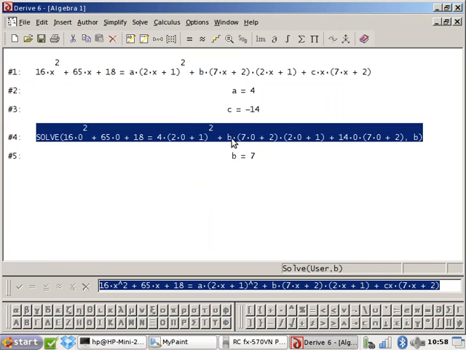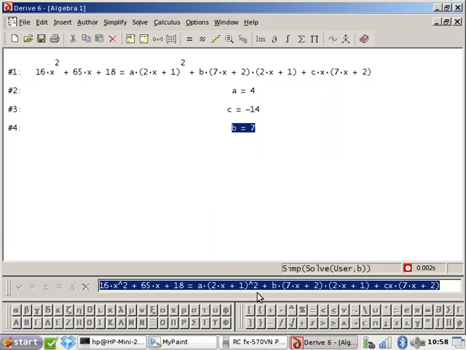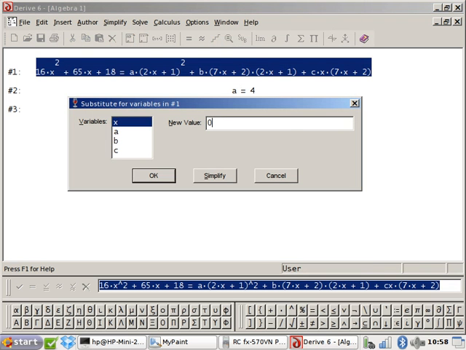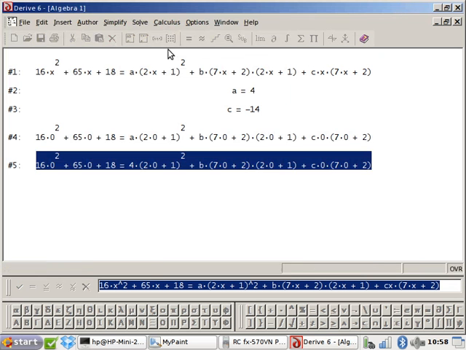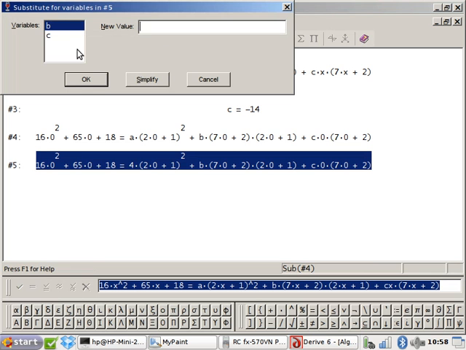Is that what I had on my answer at the back? What did I have for A on the back, please? Oh, thank you. Maybe that's what happened last time. Okay. A is 4, and then C is minus 14.